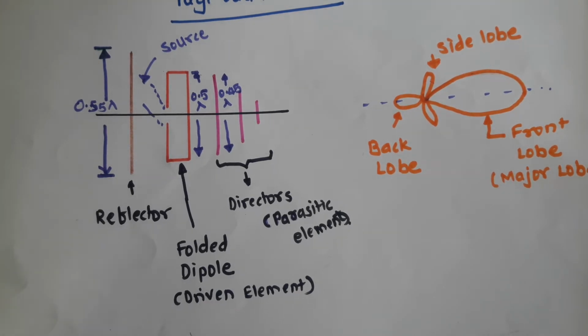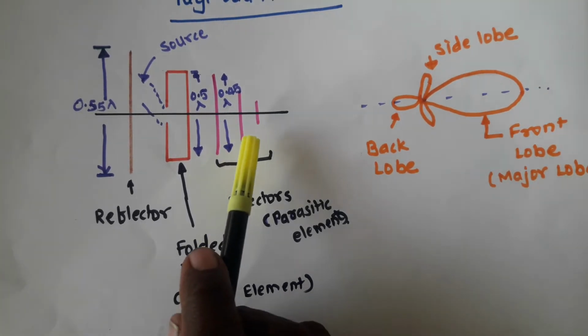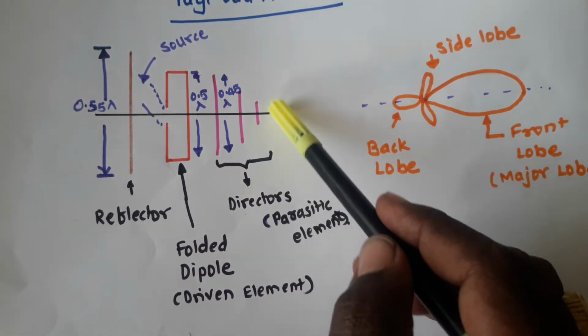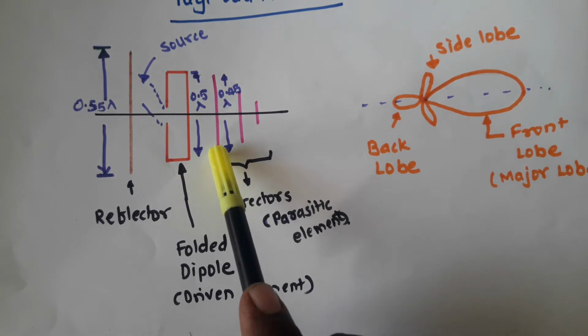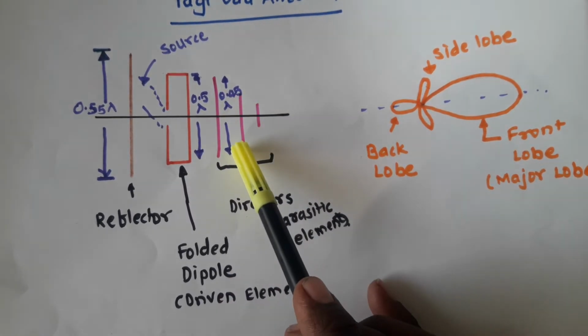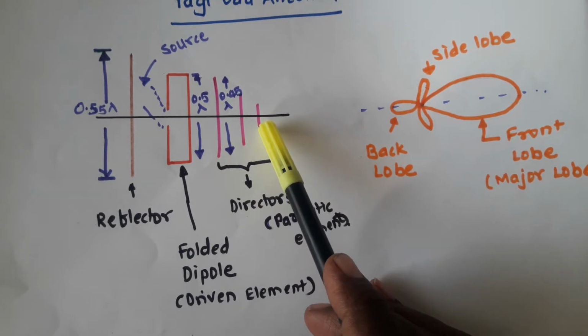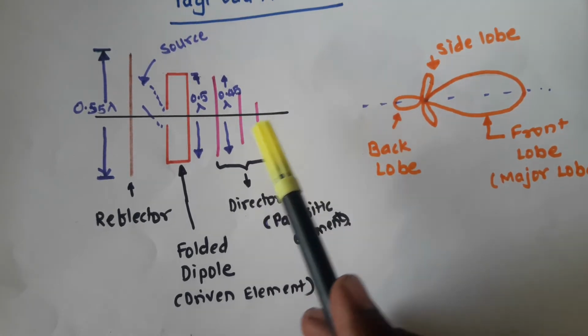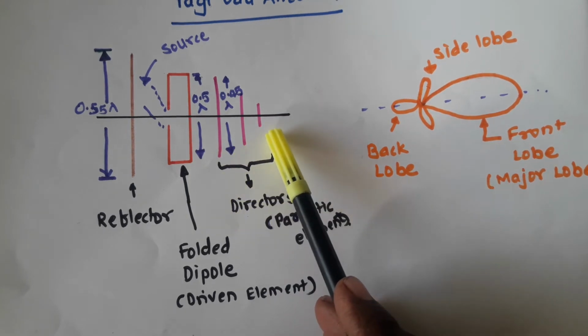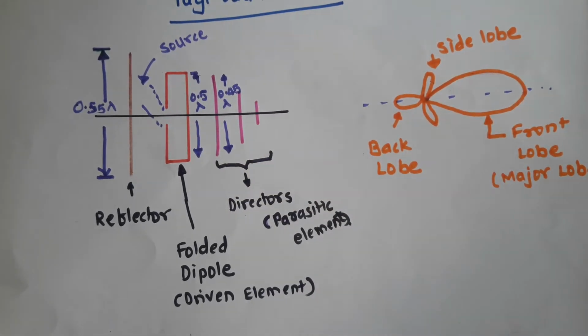Now talking about the length of these directors, the directors have reduced length. This length is more, then for the next director the length gets reduced, then for the third director the length is reduced once again. So the lengths of the directors go on reducing in the Yagi-Uda antenna.